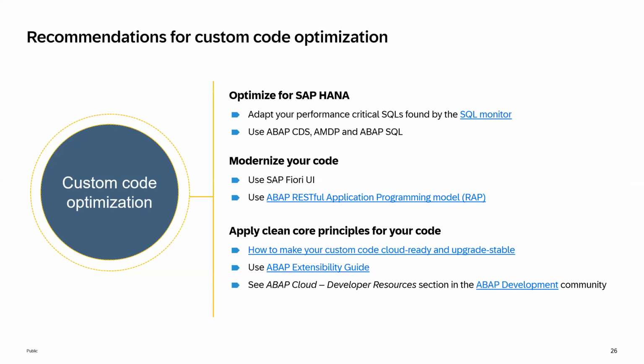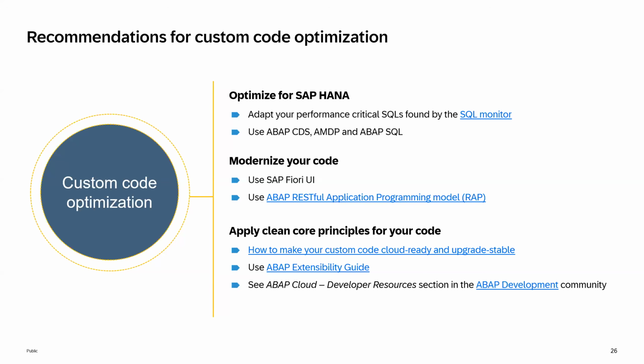So the recommendations for custom code optimization: first, optimize it for the SAP HANA database. Use the SQL monitor in order to find your performance-critical SQLs. And then you can rebuild them using ABAP CDS, ABAP managed database procedures, and ABAP SQL.